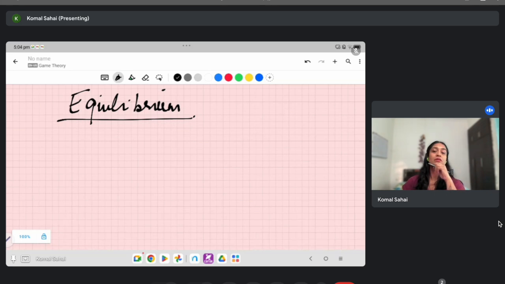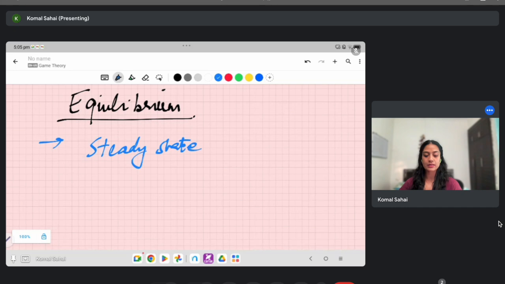So it's stability in the sense that whoever are the players, whoever are the economic agents existing in that equilibrium, they don't want to get out of it because it's stable. किस terms में stable है और how is it different from any random outcome is something that we will discuss, right? So what we have is that equilibrium is a steady state, or you can say that it's a stable social order.